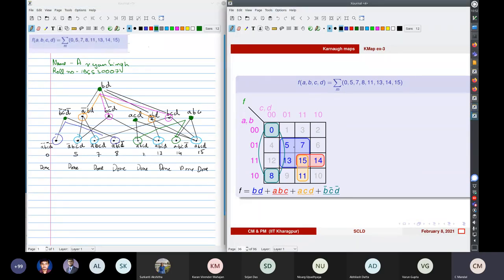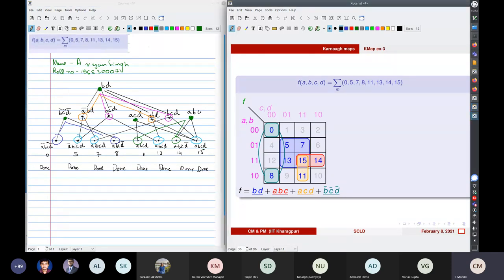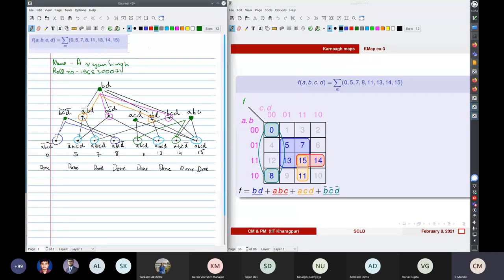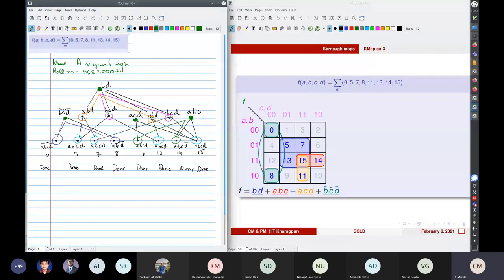BD is here. As you can see, it is evident here and it's also evident here. So BD is covering 15, but 11 and 14 are being left out. So these are being covered by these intermediate terms, ABC and ACD. All right.